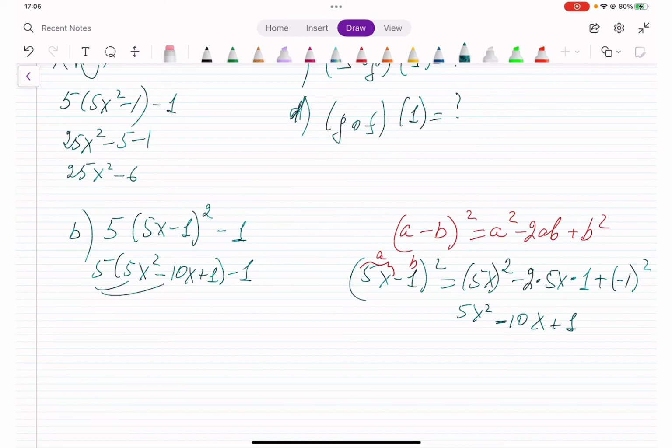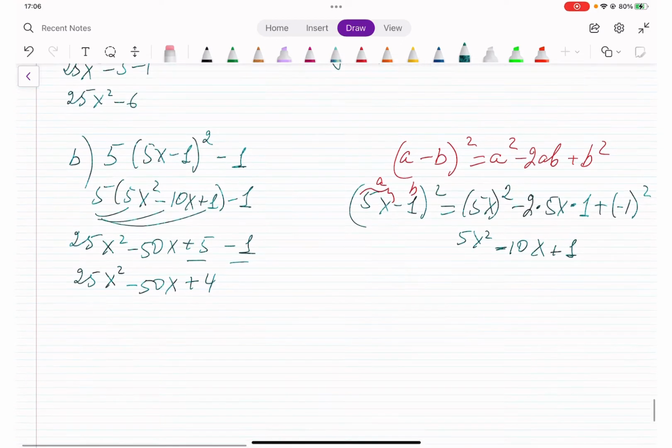So let's distribute: 25x squared minus 50x plus 5 and minus 1. So from here, I'm getting 25x squared minus 50x, and plus 5 minus 1 is plus 4. And this is going to be our answer.